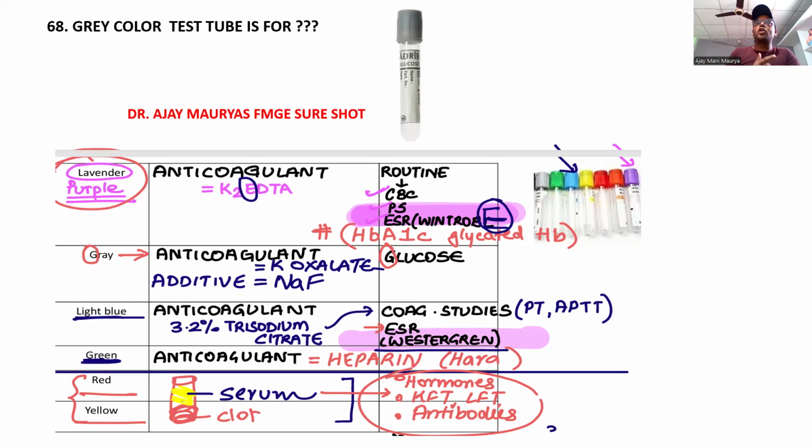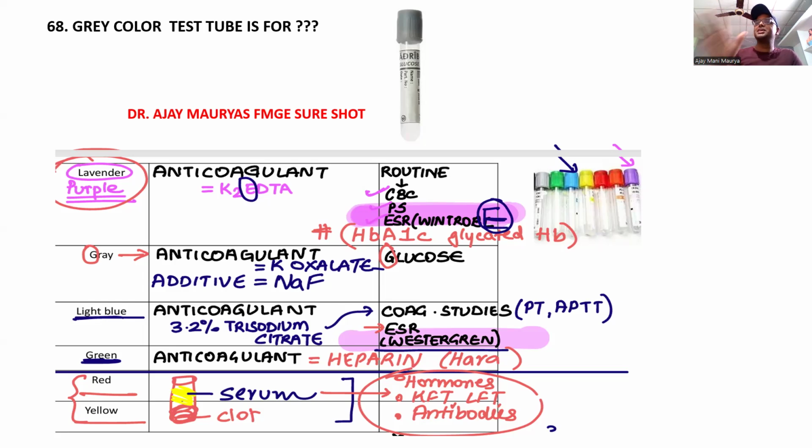We have the anticoagulant potassium oxalate, and the additive sodium fluoride, which inhibits glycolysis. So that's why you will find the glucose levels in the blood and know how much the glucose level is. Please also remember the others, guys.